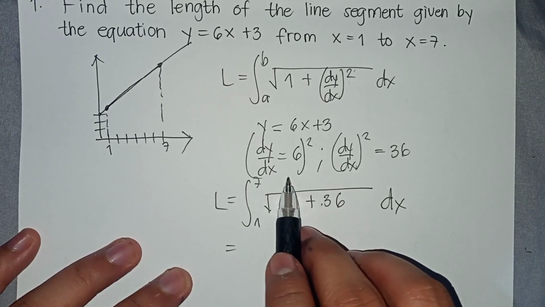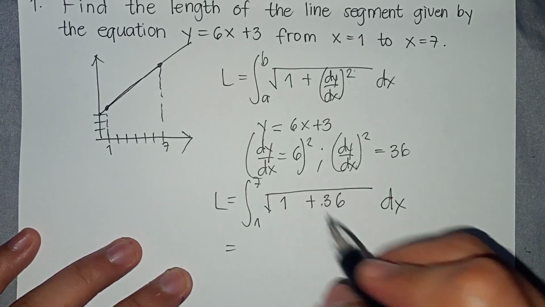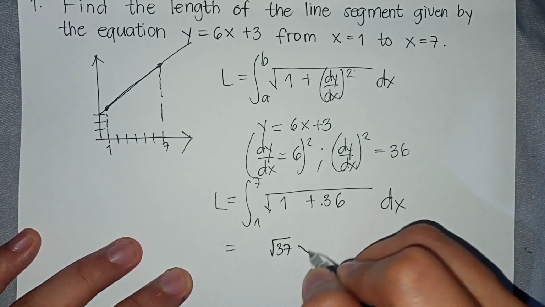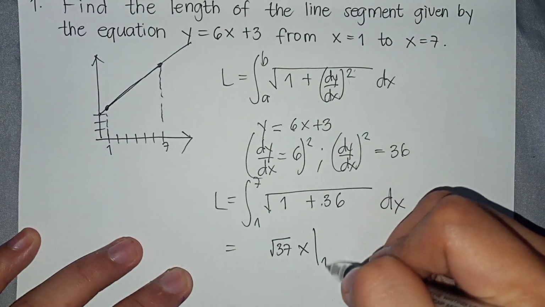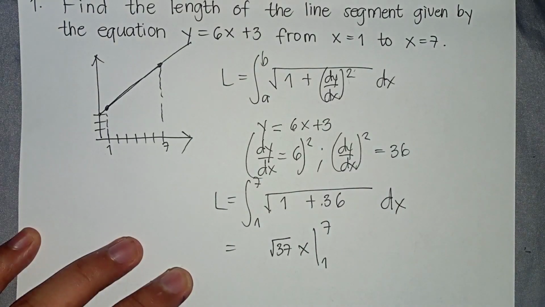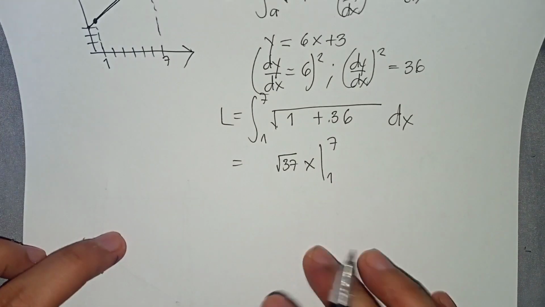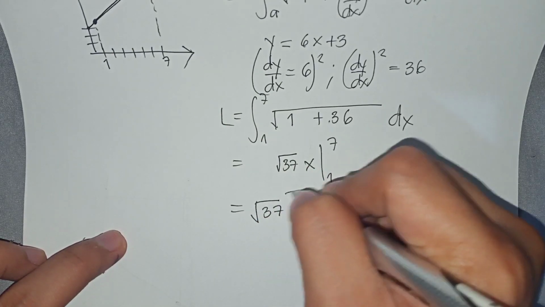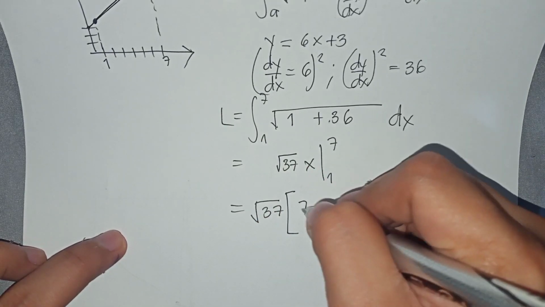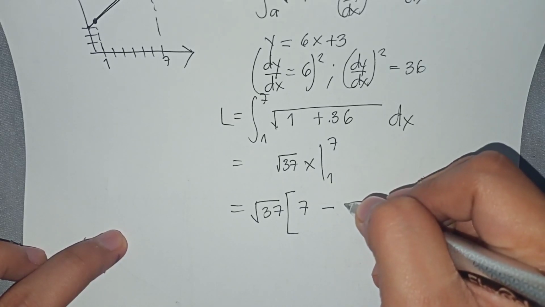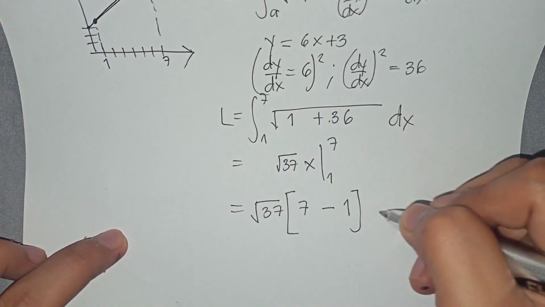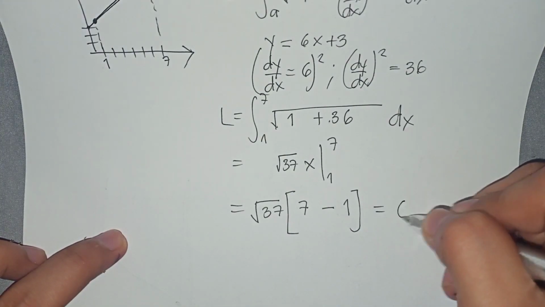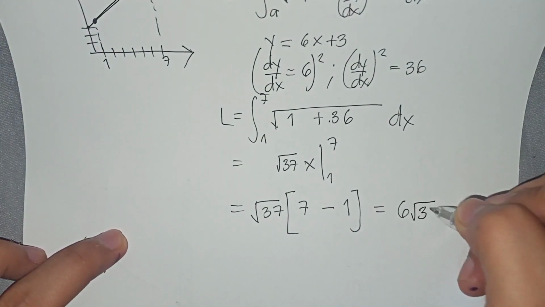So, integral ng square root of 37 dx, yan ay square root of 37x from 1 to 7. So, pag in-evaluate natin yan, square root of 37 times higher value, 7 minus lower value, which is 1. So, ang magiging final answer natin dito, yan ay 7 minus 1, yan ay 6 square root of 37.